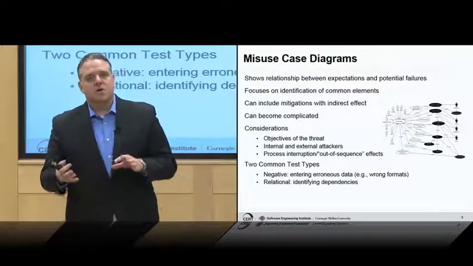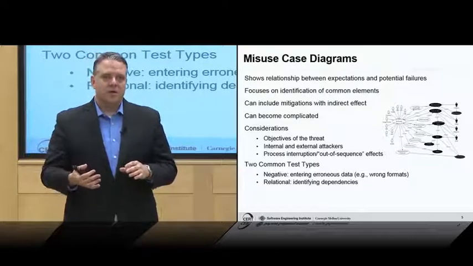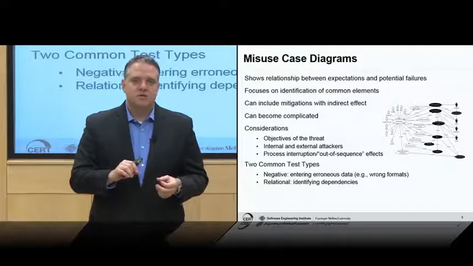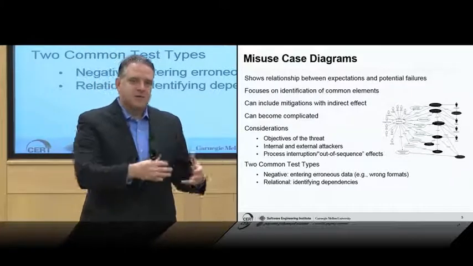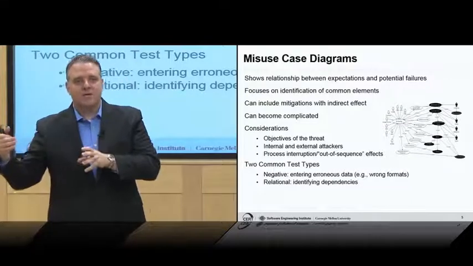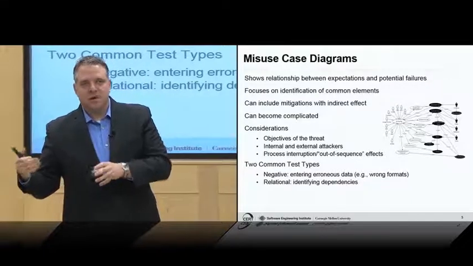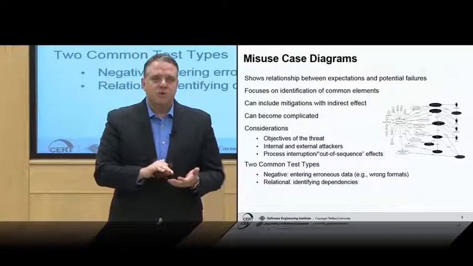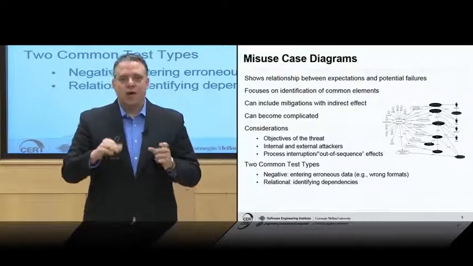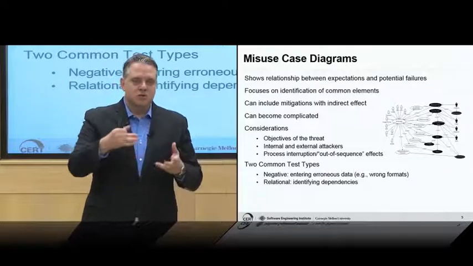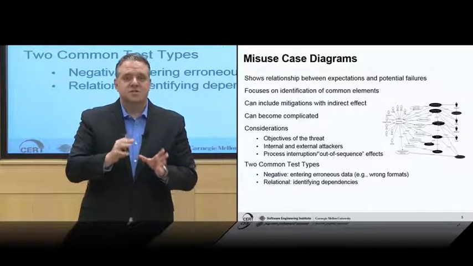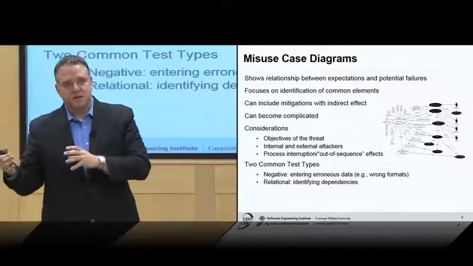Well, use something called the misuse case diagram. This is a diagram that you can draw out that shows the relationship between what you expect the program to do and what you think might happen, what you hypothesize might be the failure of the program. And it really focuses on identifying the common elements of the program and what inputs can be used, modified, or changed such that the program does something unexpected.